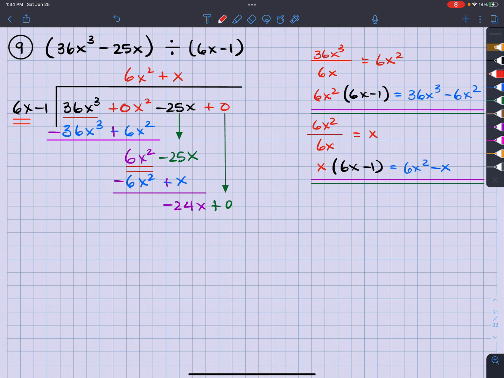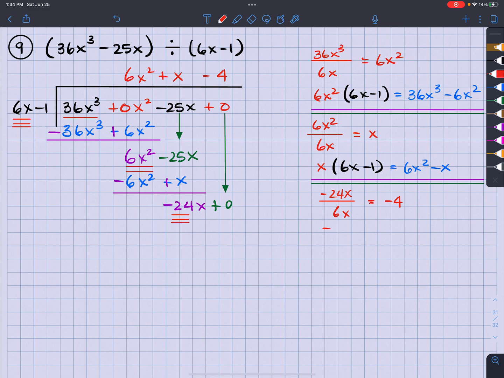All right, so I asked myself how many times does 6x go into negative 24x. So I put on the side negative 24x divided by 6x, and I'm going to get negative 4. So I'm going to put down negative 4 right here.